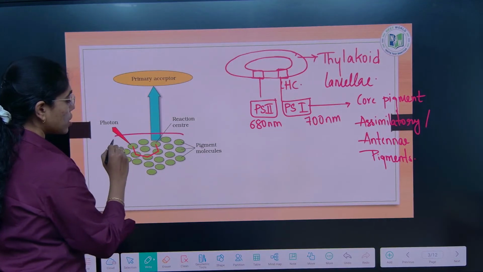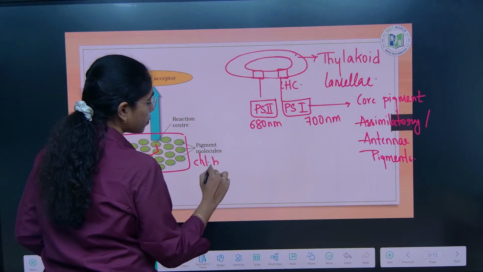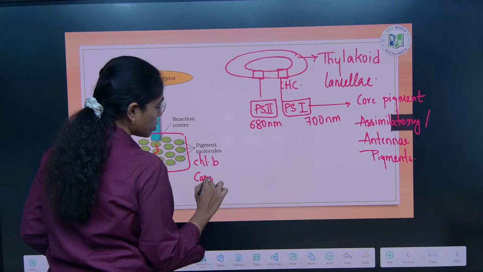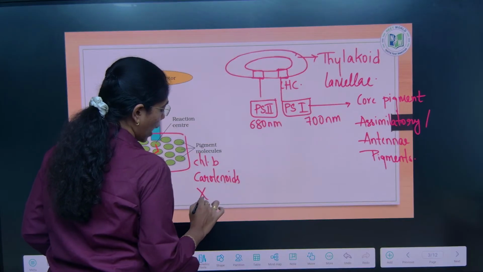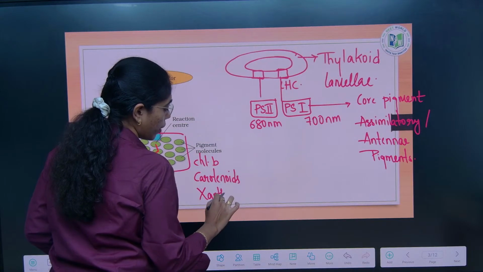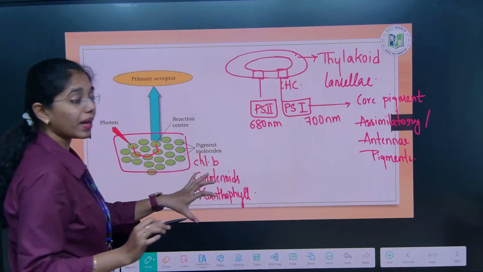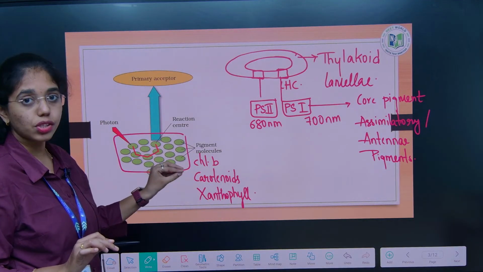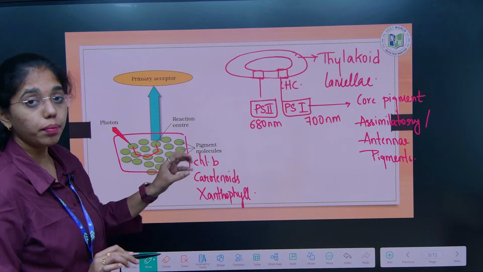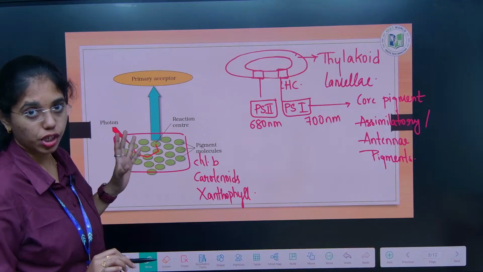Accessory or antenna pigments can be chlorophyll B, carotenoids and xanthophylls. Very important, remember, because if you have a clear idea on pigments and their absorption spectra, then only you can answer any question coming from action spectra, absorption spectra that we exercised yesterday.